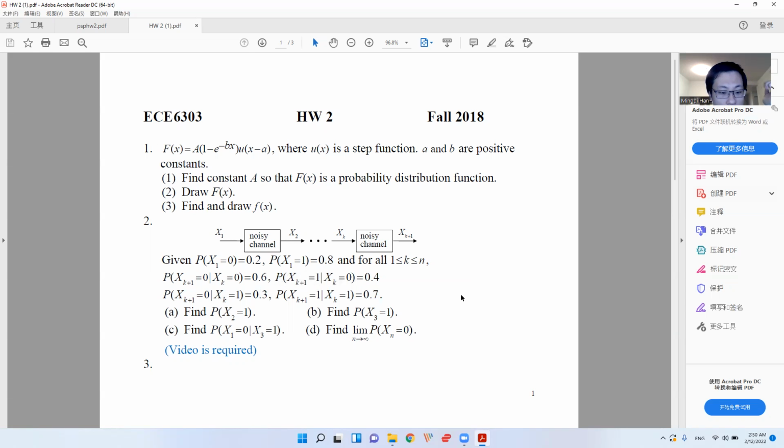And the question asks to find the probability of x2 equal to 1. So it means that this signal is equal to 1. It's the initial signal passing through one noisy channel, and the output signal would be 1 with that probability.